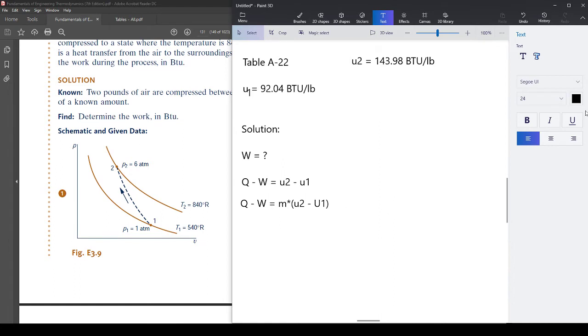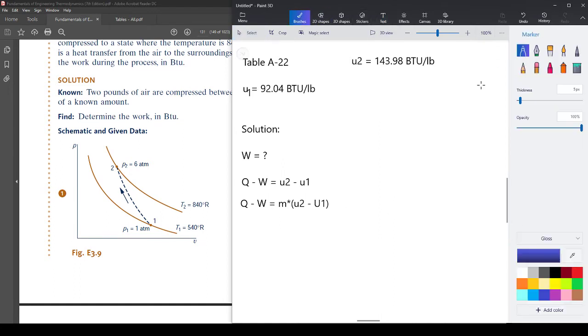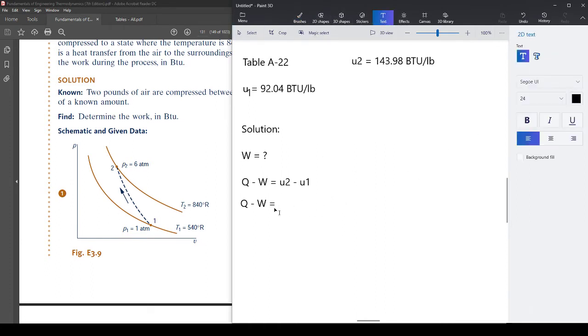But I'm fairly certain I have to go back. I have to change that. I'm pretty sure it should be the other way around. Like I said, if you're confident that you know if the work has to be positive or negative, it doesn't matter how you write it. But if you write it the correct way, the sign will come out right. Okay, so let's try that.